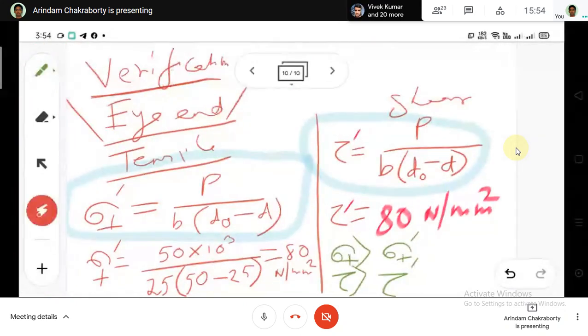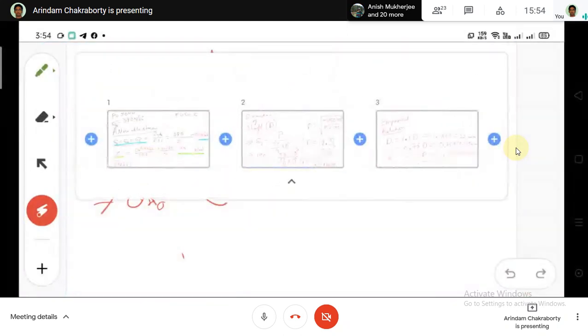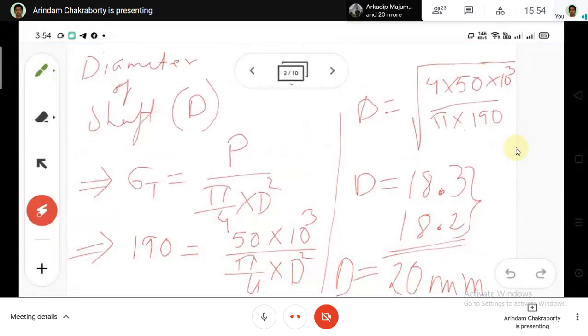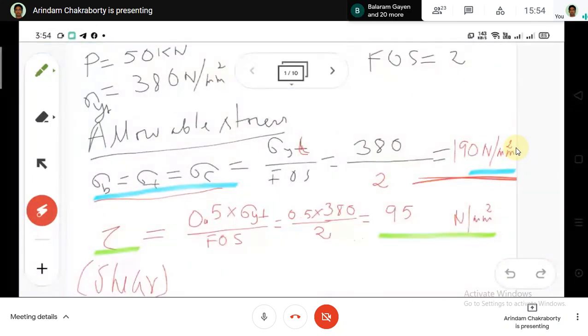Now observe, this is sigma t dash with the value 80, and tau dash is also 80. But as per the earlier calculation, the maximum allowable sigma c is 190, and it should not exceed this, and tau should not exceed 95 N per millimeter square.